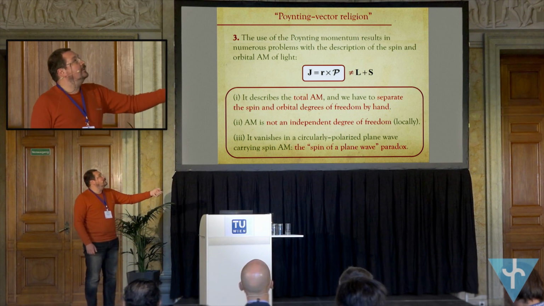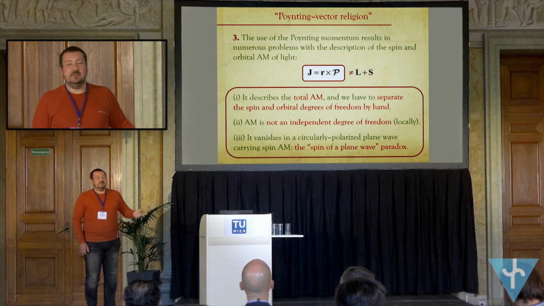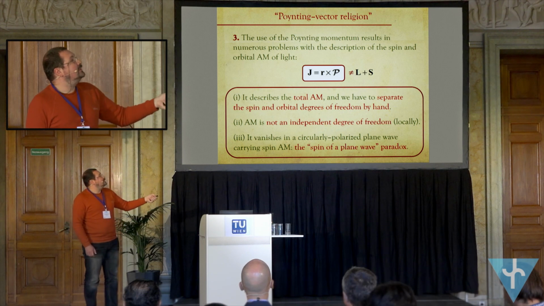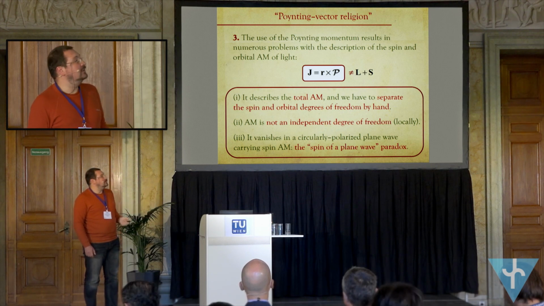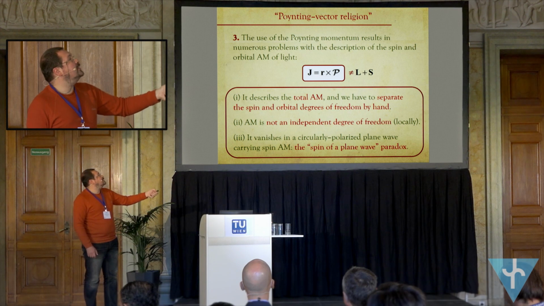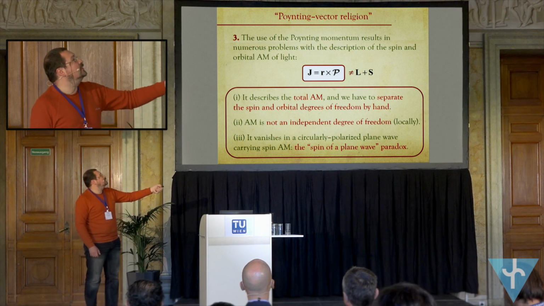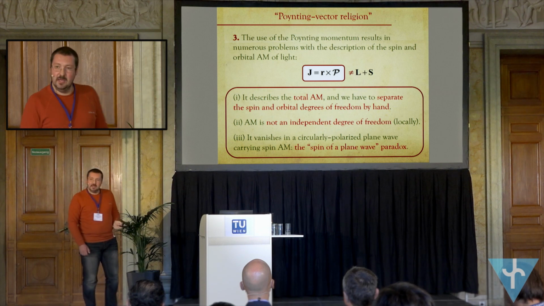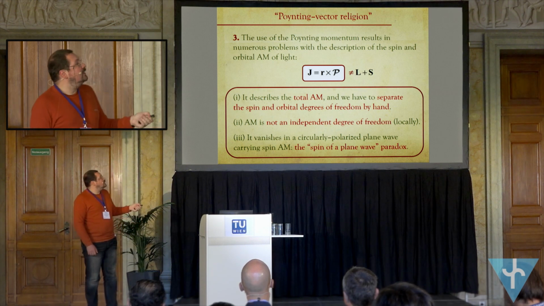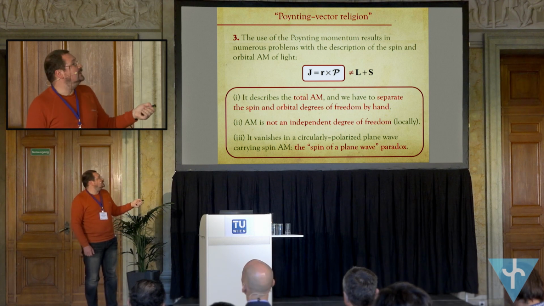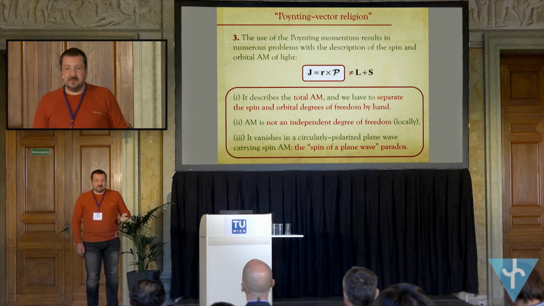And we don't have an explicit equation for these parts separately. Therefore, we have to separate the spin and orbital degrees of freedom of light by hand. And in this equation, angular momentum is not an independent degree of freedom locally. It's just proportional to the same Poynting momentum. And this is related to the famous paradox in electromagnetism called the spin of a plane wave paradox.